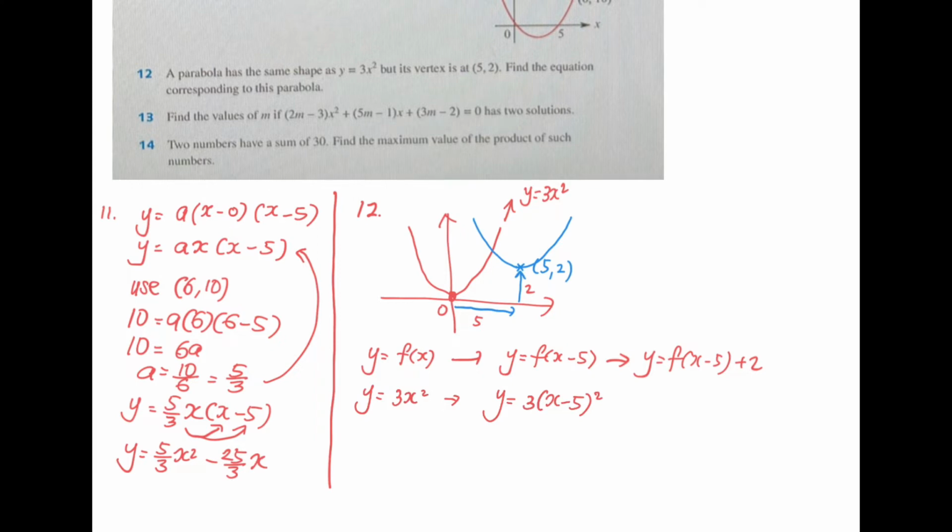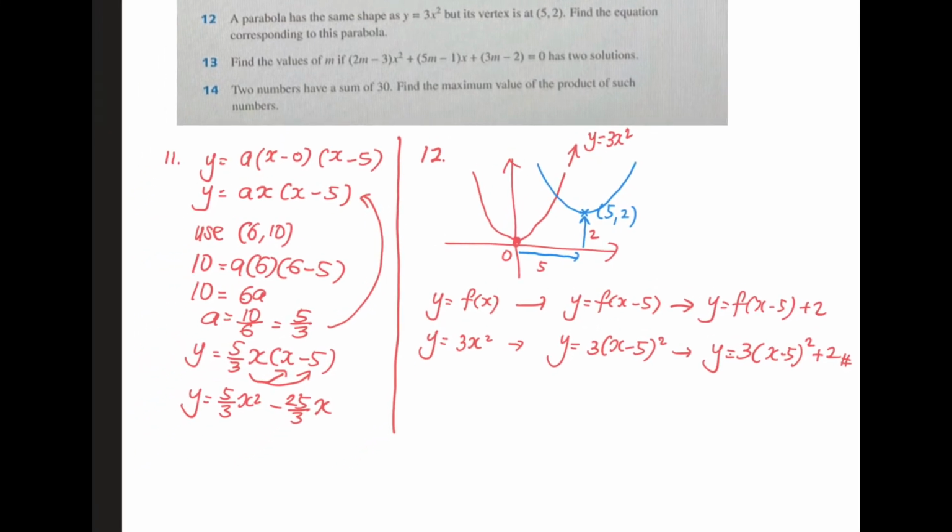And in order to make it go up, you have to plus 2, so it becomes 3(x minus 5) squared plus 2. So that is the answer. Y equal to 3(x minus 5) squared plus 2 is the equation that represents this parabola. Okay, so that's question 12.